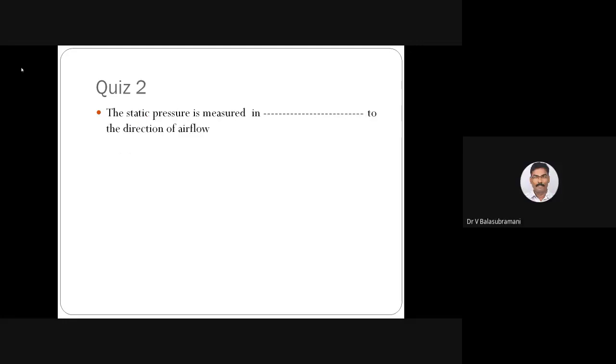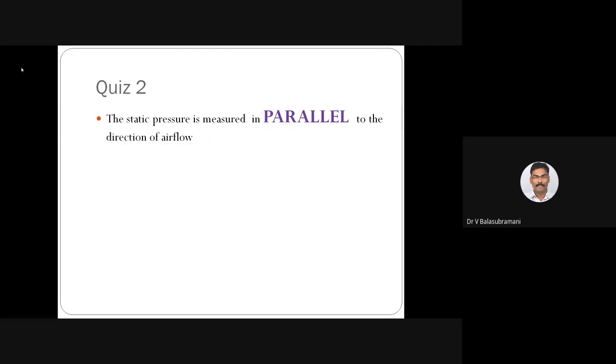Okay, next. The second: static pressure is measured in which direction relative to the airflow? Perpendicular to airflow, sir? Only 2 directions are there. Someone already said perpendicular, but it is not. It is parallel to the direction of airflow.